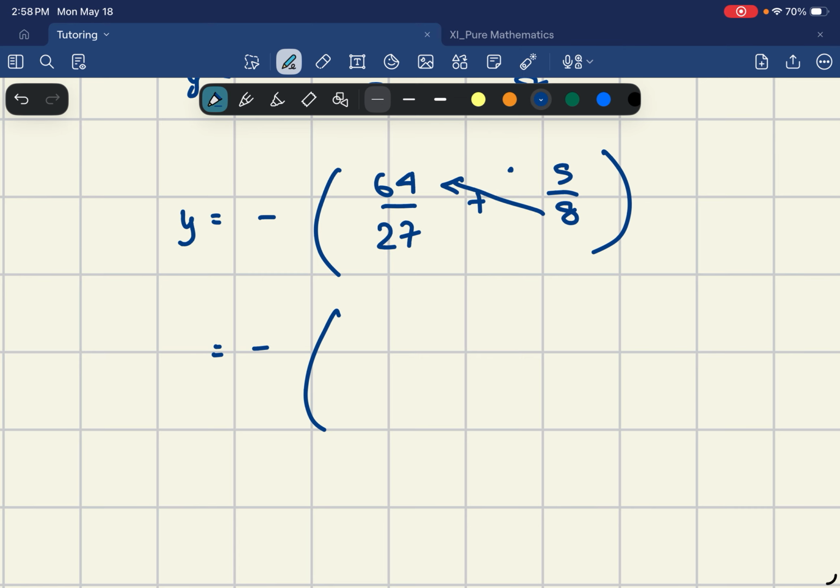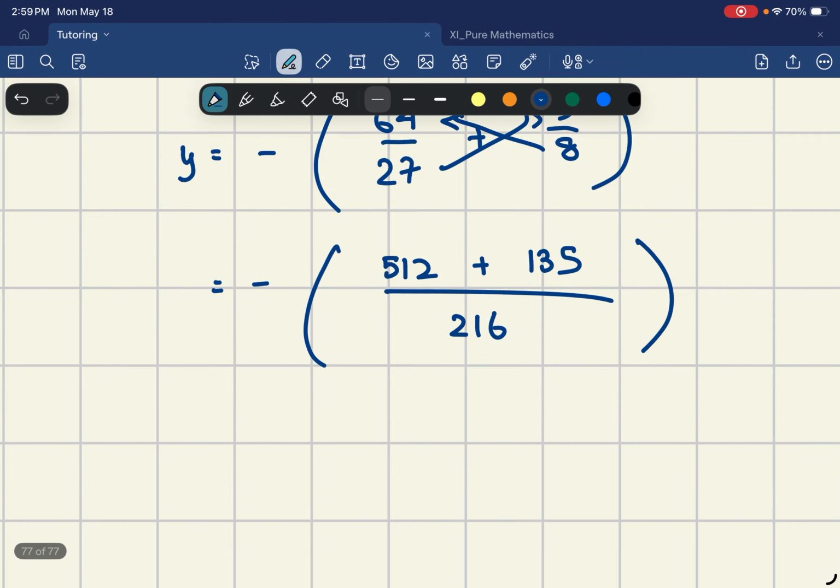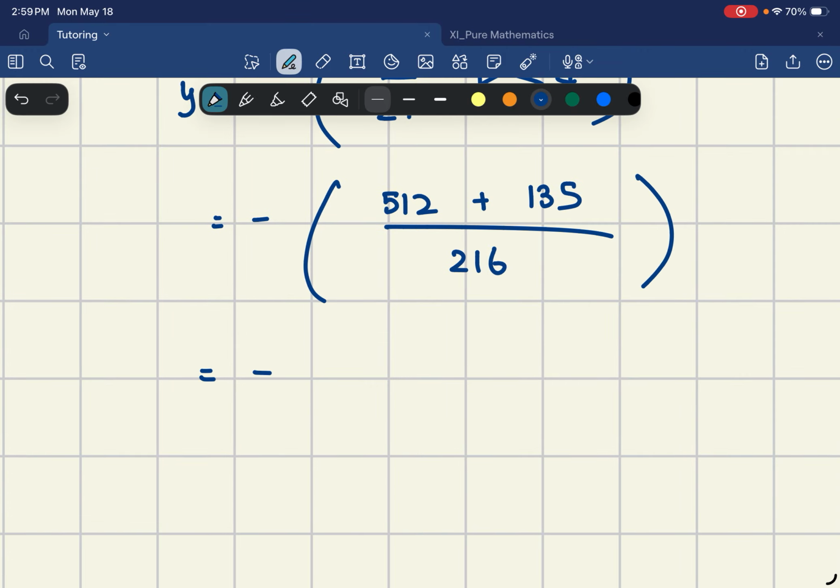Now I need to simplify, so I'll use the butterfly method. 64 times 8 gives me 512. 5 times 27 gives me 135. 8 times 27 is 216. So now this is going to be negative.